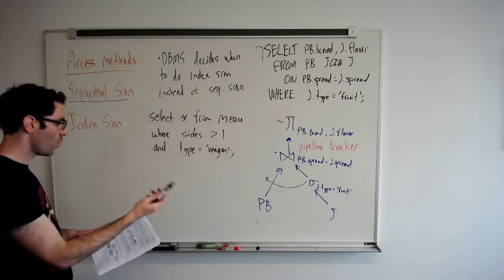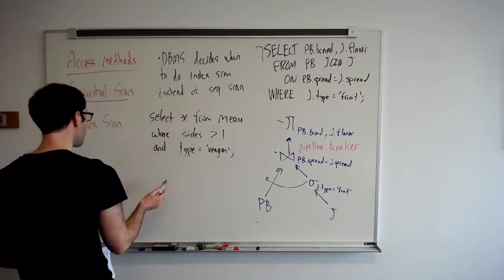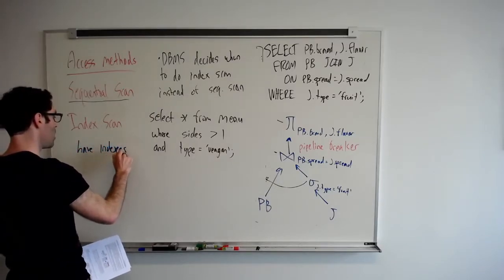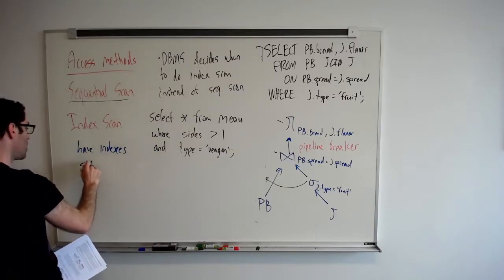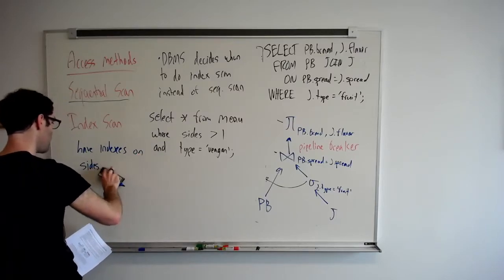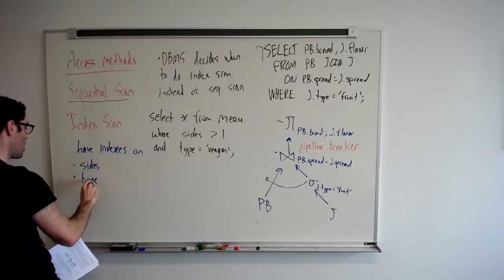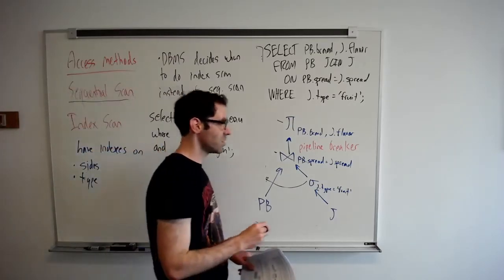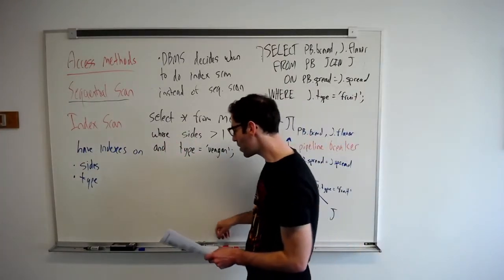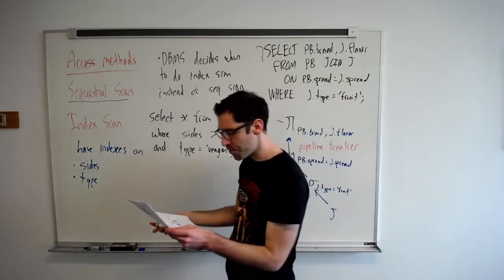And we also have indexes on sides and type. So we have two different indexes, one on sides, one on type, and there are different scenarios we might consider for when we would use these different indexes.